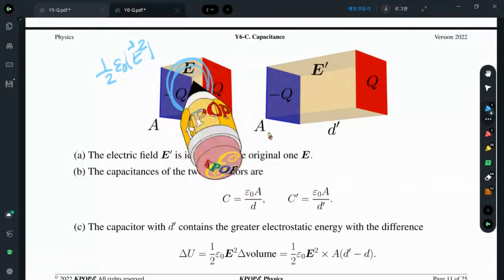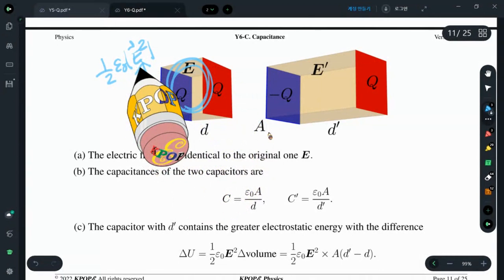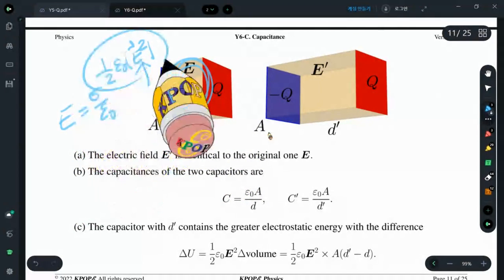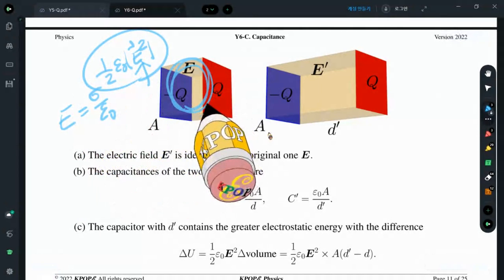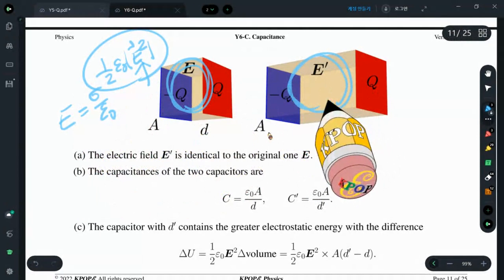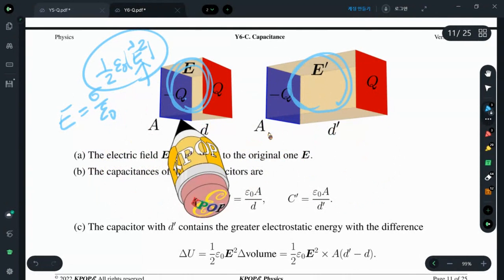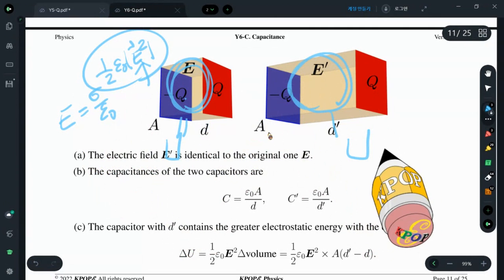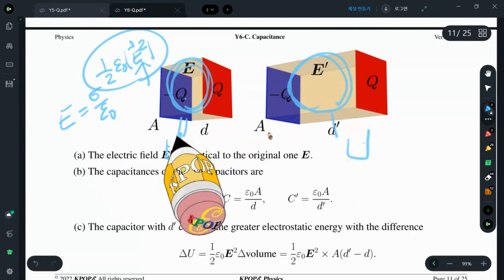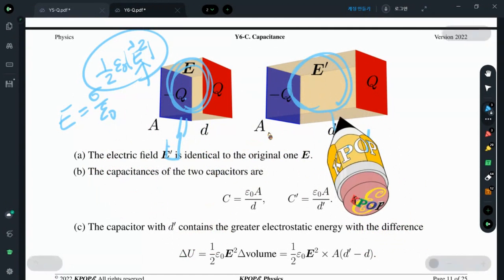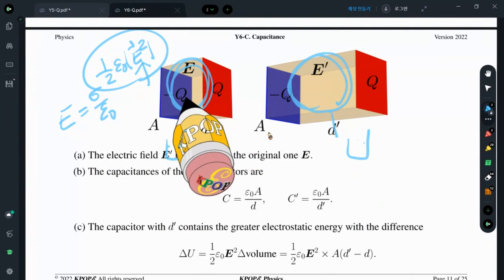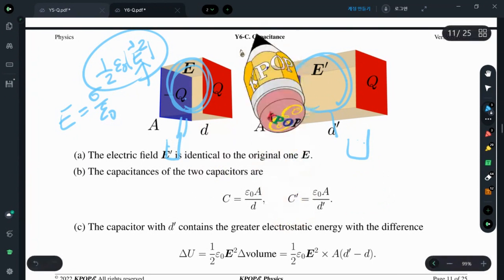This parallel plate capacitor has a constant electric field, sigma over epsilon 0, and you carry out the volume integral, compare these two, and actually this is electrostatic energy. The difference of the electrostatic energy will give the required work done by you to store more energy or less energy. Okay?